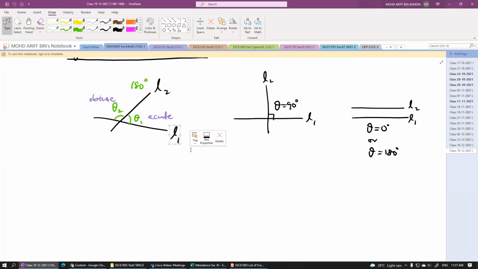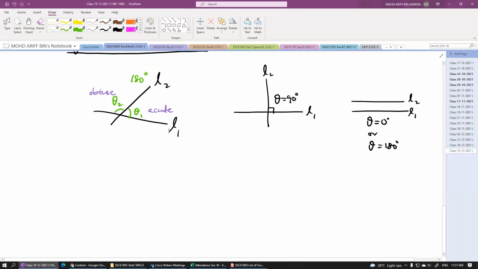Is it possible? Your guess. Possible or not? Possible. Why? So what is your vector for line 1? Your guess?